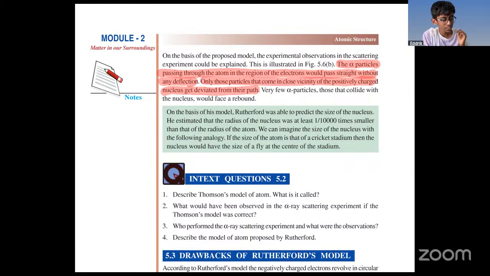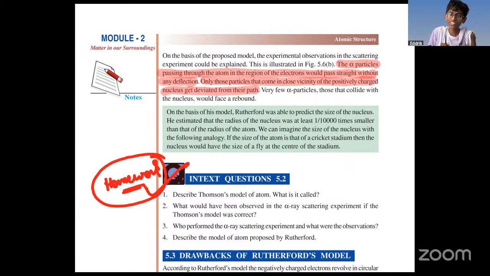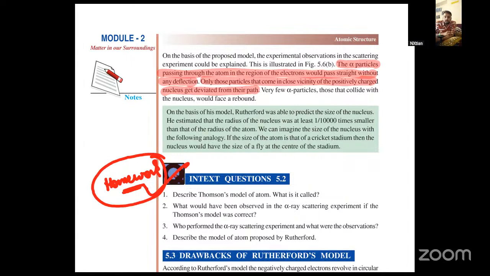But the nucleus contains protons, and protons are heavier than electrons. That means the electrons are spread all around. Electrons are like the people in the stadium.